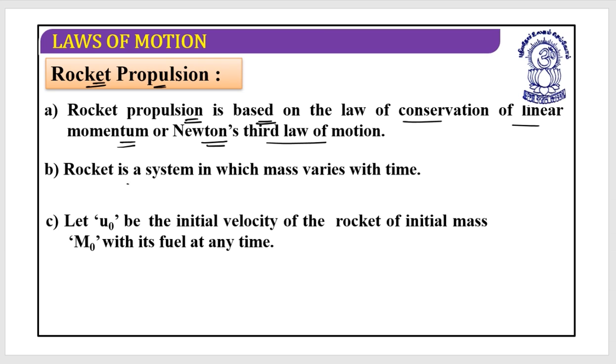What we know is that a rocket is a system in which mass varies with time. Let's suppose the situation is something like this. I hope you have seen a rocket, and you might have seen the launching of a space shuttle.